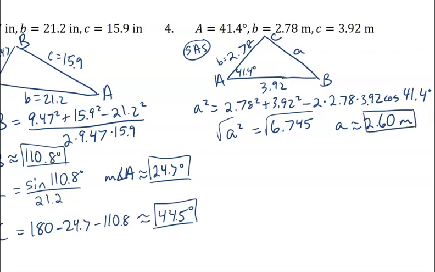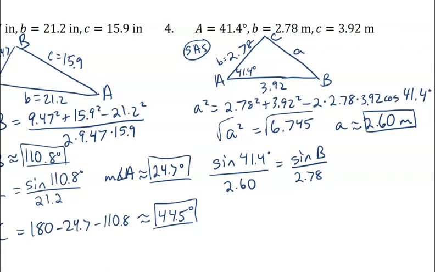Okay, and then now we can use law of sines to find the missing angles, and we want to go for the smaller of the angles. So we're going to find angle B. So sine of A, 41.4, over side A, what we just found, 2.60, is equal to sine of B over 2.78. Okay, so multiply by both denominators, do the inverse sine.